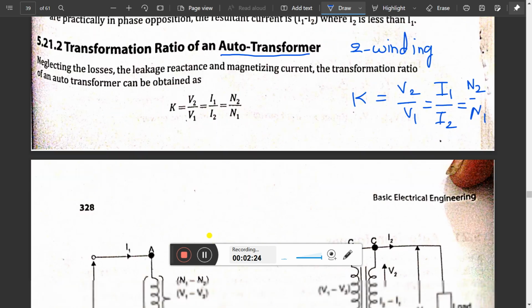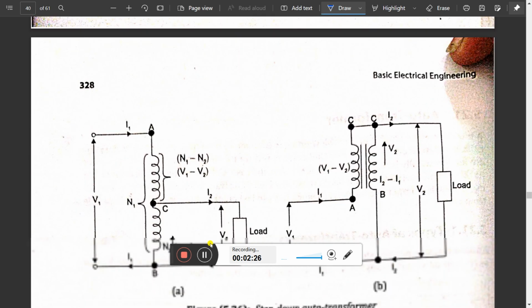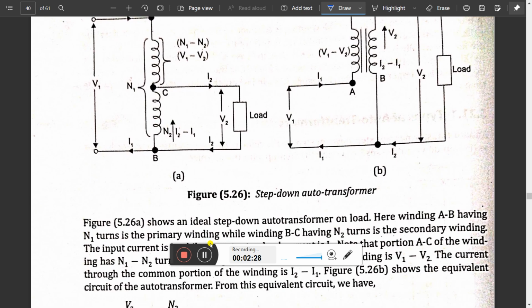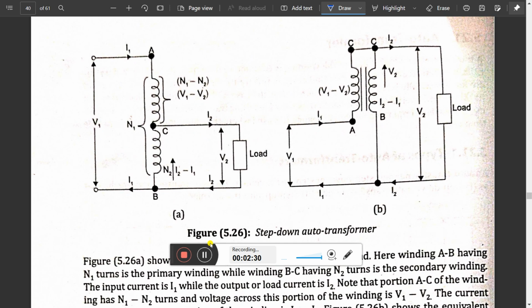Now let us see how to connect a two winding transformer into a single winding.